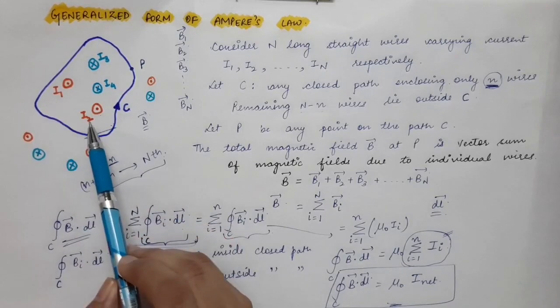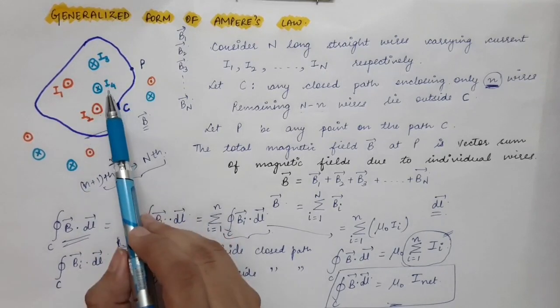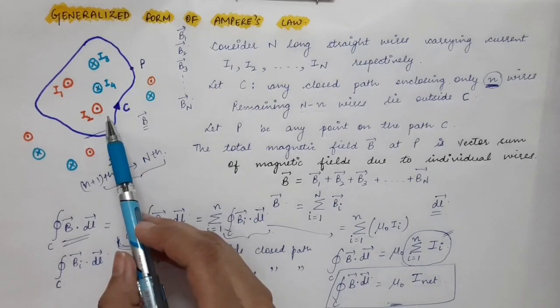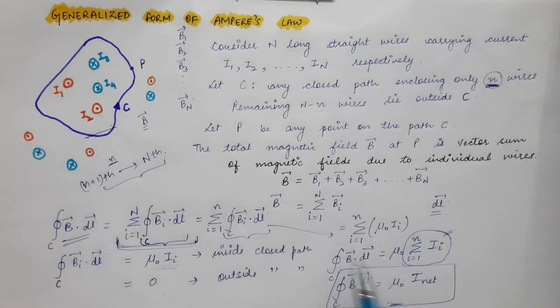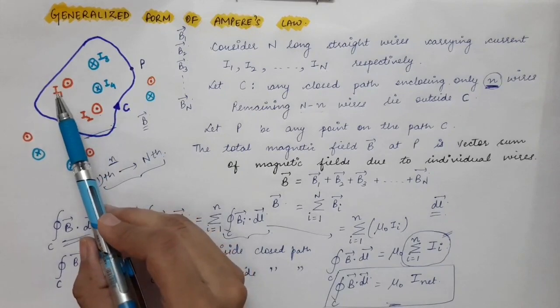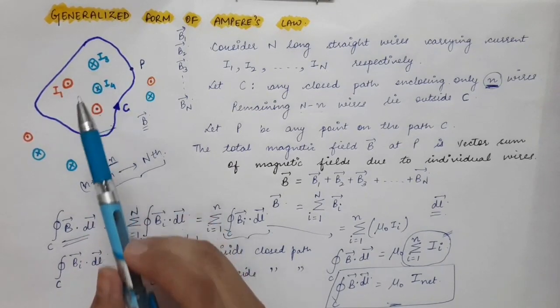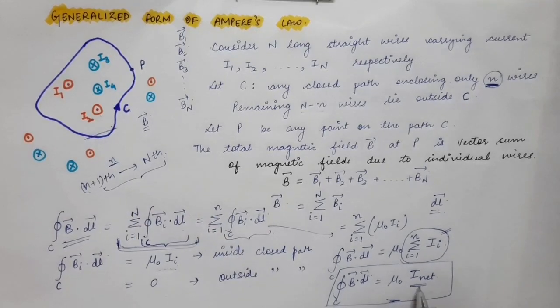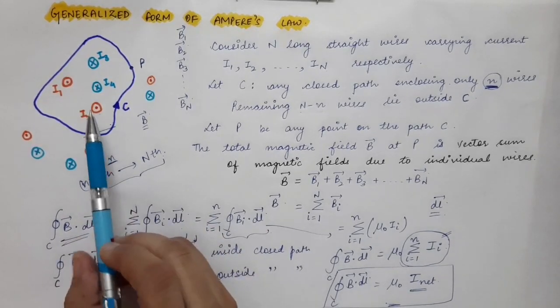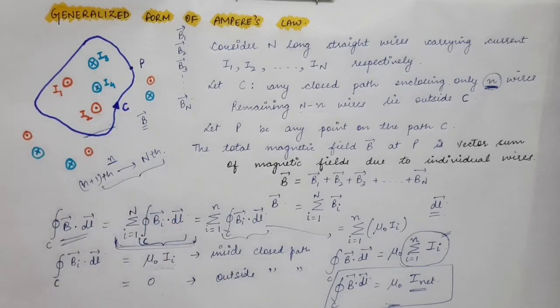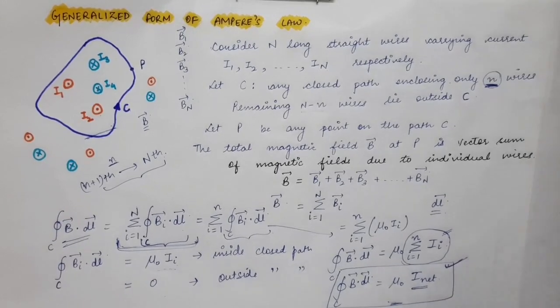So I1 and I2 will be taken positive and I3 and I4 will be taken negative. Means I net in this example will be equal to I1 plus I2 minus I3 minus I4. So this is the generalized form of Ampere's law.